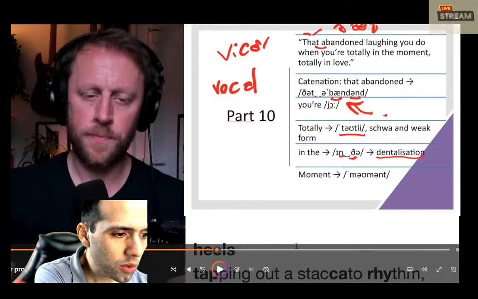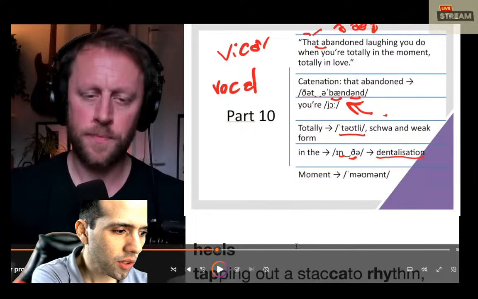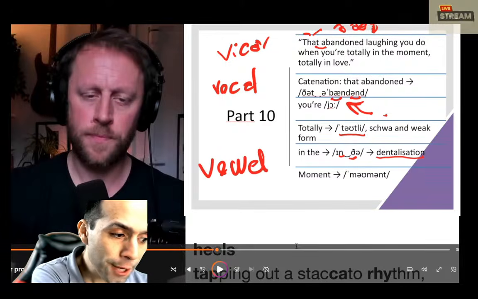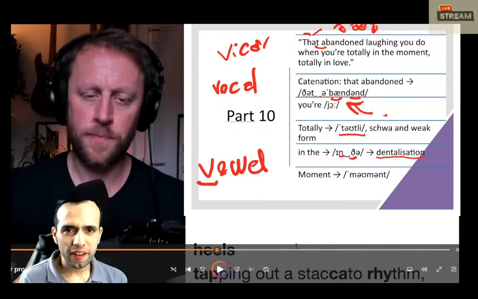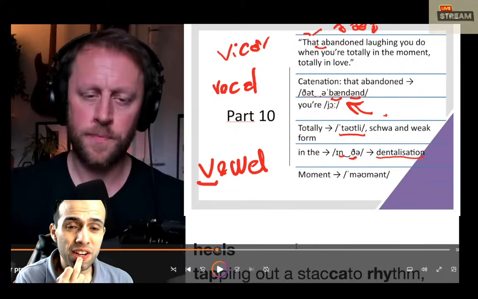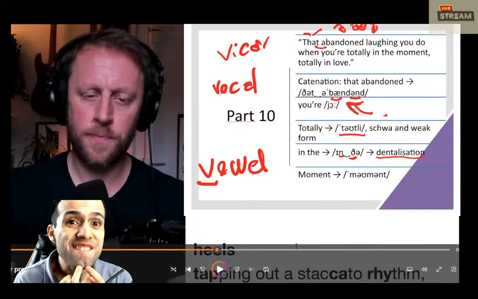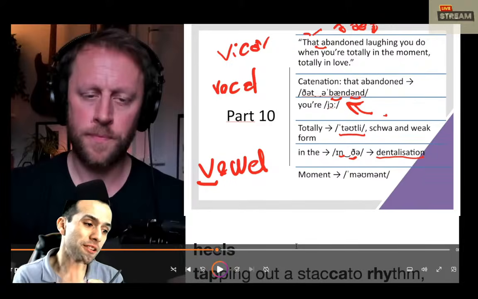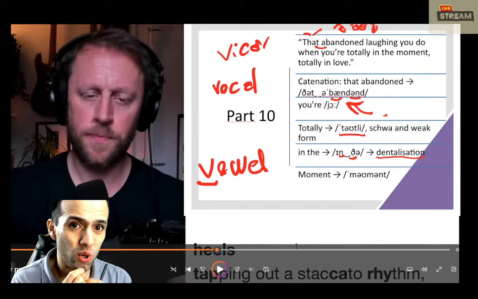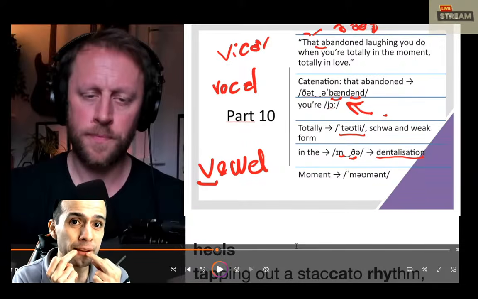Well, this isn't working, is it? No, it isn't, but okay, never mind. You see, for example, the word vowel. So this is a labiodental sound produced with the lower lip and the upper front teeth. But the other is a dental sound because you produce it only using your tongue and the upper front teeth.